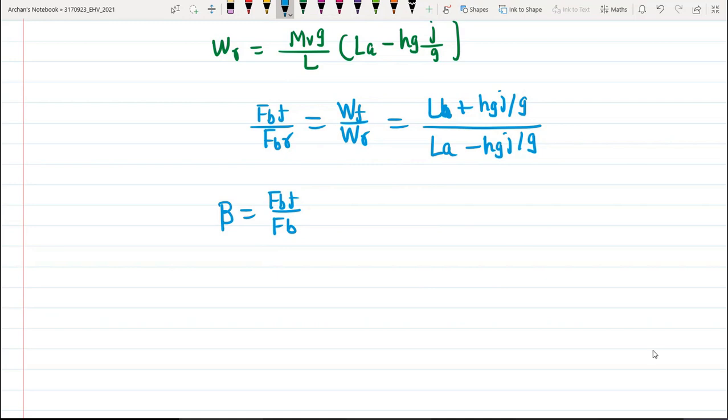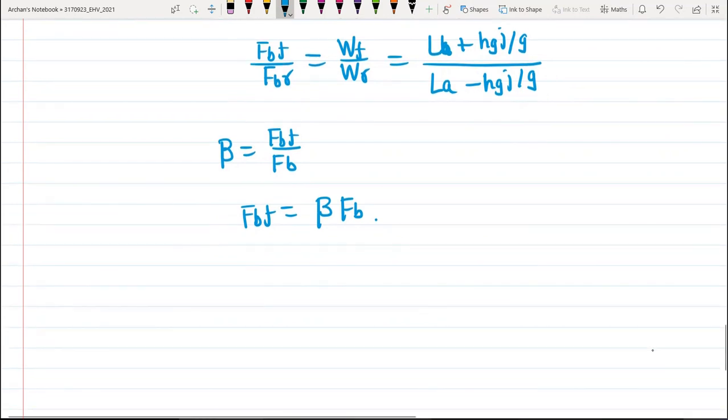So it can be represented as Fbf equal to beta times Fb. And for the rear wheel, Fbr is equal to (1 minus beta) times Fb.